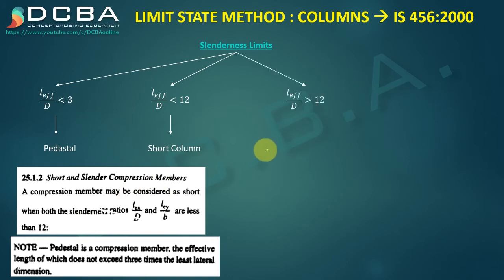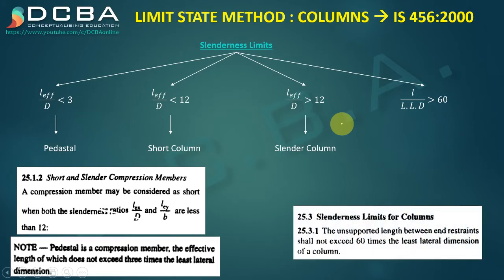Then L effective by D, if it is greater than 12, it would be a slender column from the same clause. And the last one is, if L, that is the unsupported length, upon least lateral dimension is greater than 60, then according to clause 25.3, which is the slenderness limits for columns, the unsupported length between end restraints shall not exceed 60 times the least lateral dimension of a column.